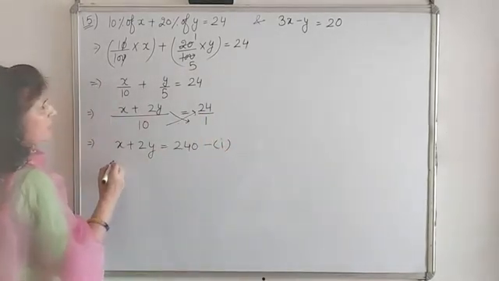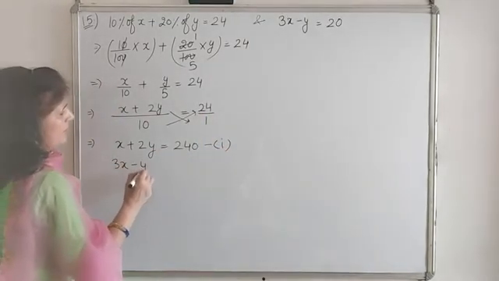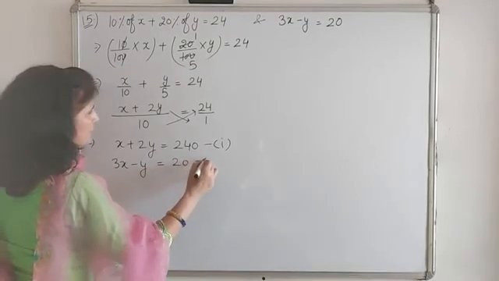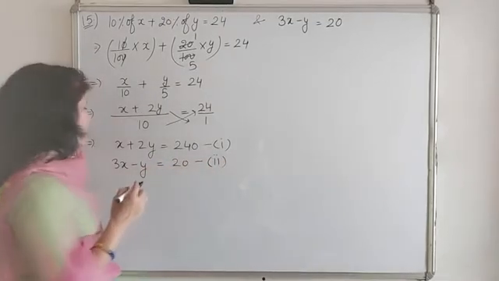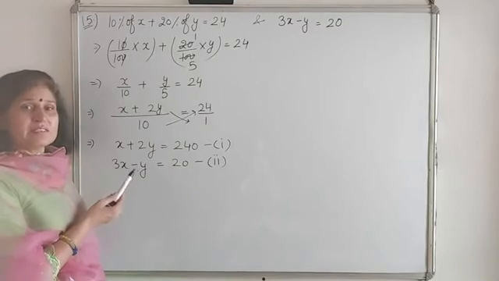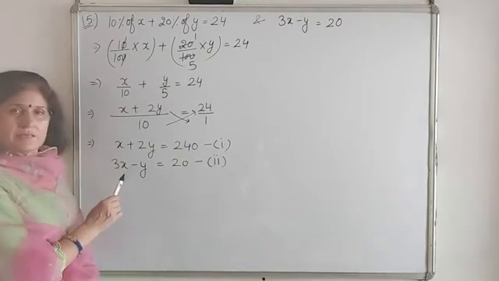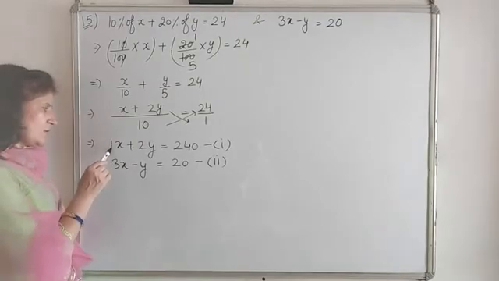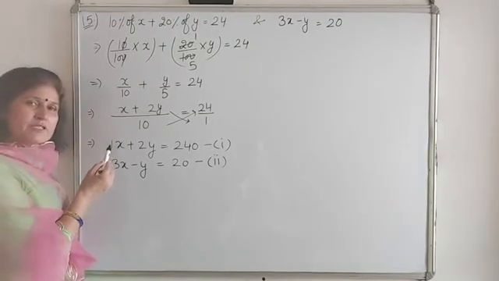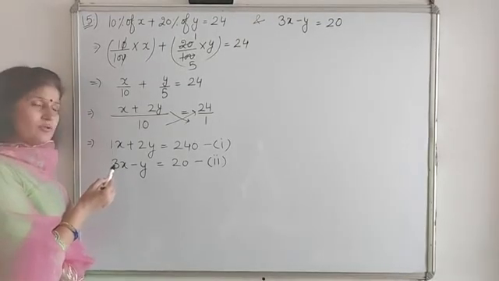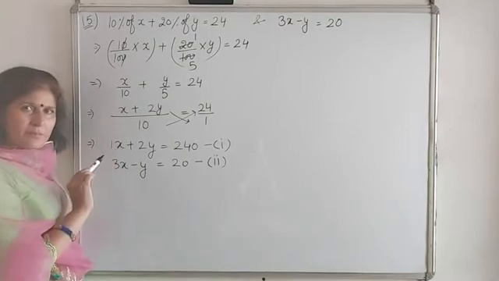Equation second is 3x minus y is equal to 20. This is equation second. You have to cancel any one variable. If you want to cancel x, here it is 3, here it is 1. Then you have to multiply the first equation by 3. It is already 3, and then you can compare.